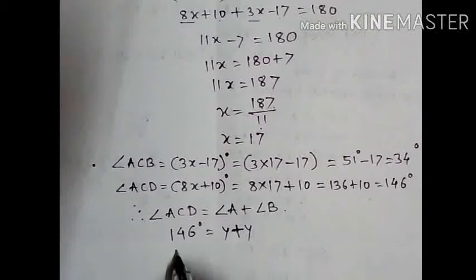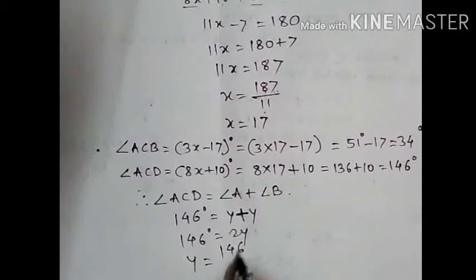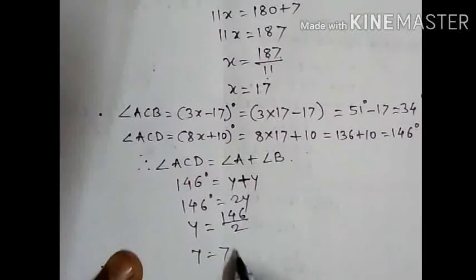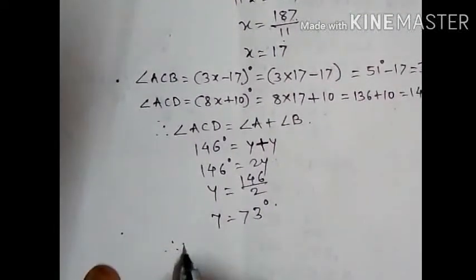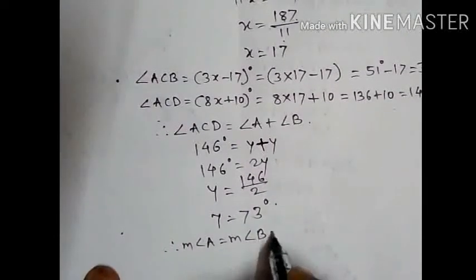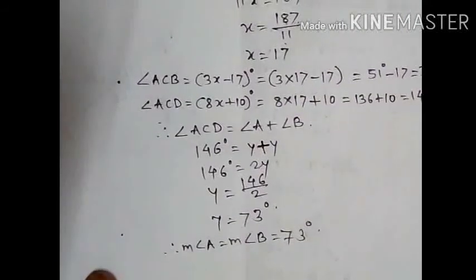Therefore, 146 degree is equal to 2Y. Therefore, Y is equal to 146 divided by 2. Therefore, Y is equal to 73 degree. Therefore, measure angle A is equal to measure angle B is equal to 73 degree. In this way, we solve this example.